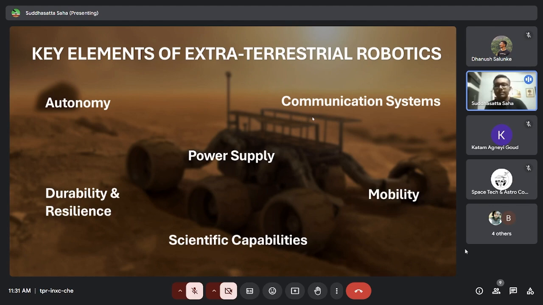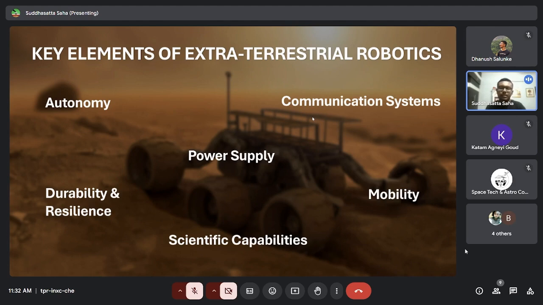Then we come to this important part of scientific capabilities, which defines a rover's operational success. So you see, by scientific capabilities I mean that these rovers are equipped with various tools and scientific instruments to collect soil samples, to analyze rocks, to collect, you can say, specific samples which we want them to collect by using, say, a robotic arm which is on board the rover.